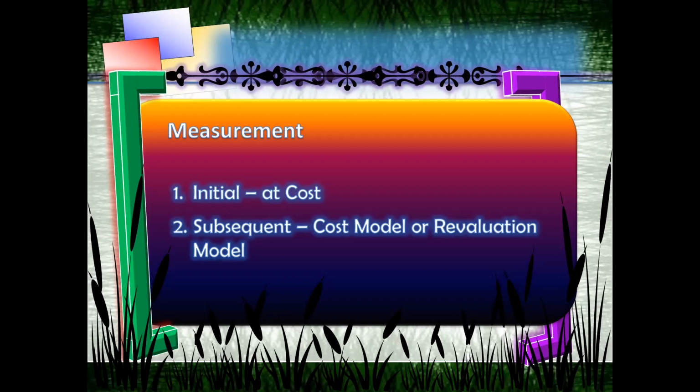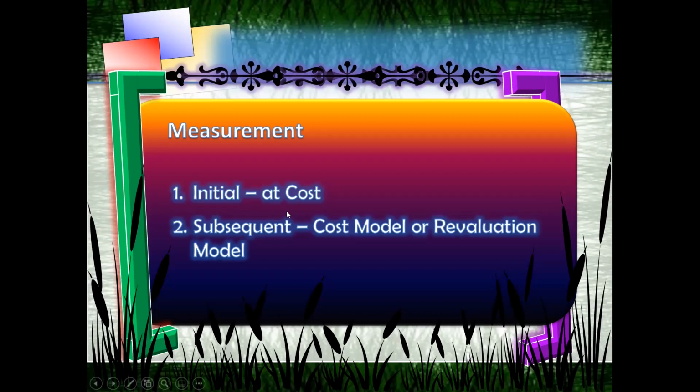So nasa record mo na yung asset, tapos at the end of the accounting period, you're going to measure, no, you're going to measure your asset. In this case, the property, plant, and equipment. Okay? So going back, no, paano ba natin i-measure initially ang ating property, plant, and equipment?